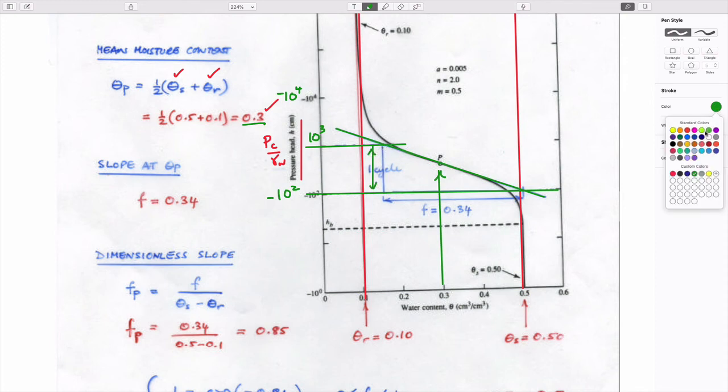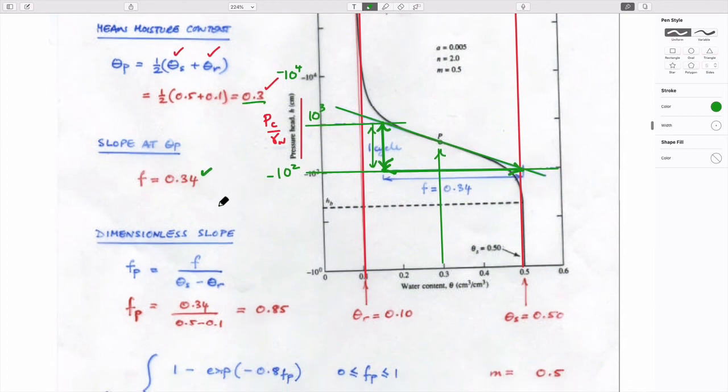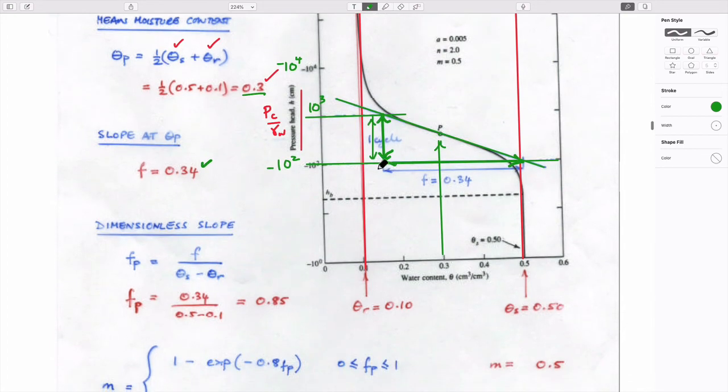So in other words, you have one length here, which is this, and you have one length here, which is this. And so you find out the slope of this at this particular point. And so that is equal to 0.34, just looking at the grade of that.